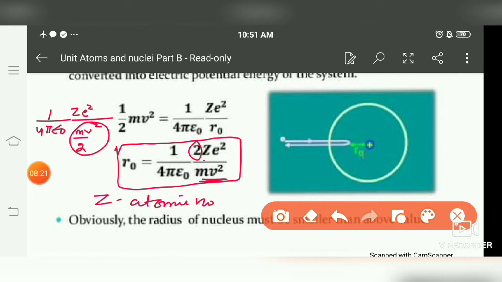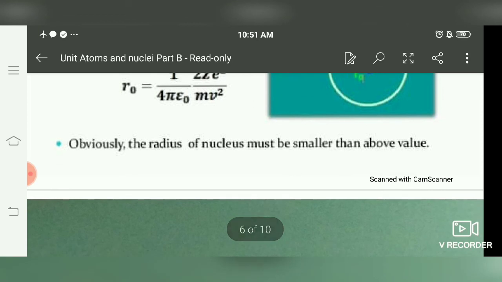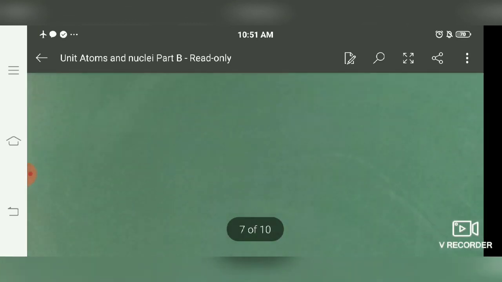So R0 equals 1 by 4 pi epsilon naught ZE square upon kinetic energy. From here we can say the distance of closest approach is inversely proportional to the kinetic energy. If kinetic energy is more, the distance of closest approach will be less, because it is the kinetic energy that changes into potential energy and covers a particular distance.